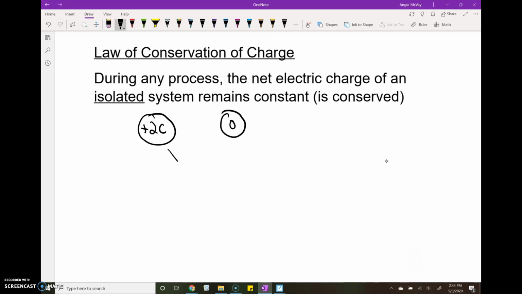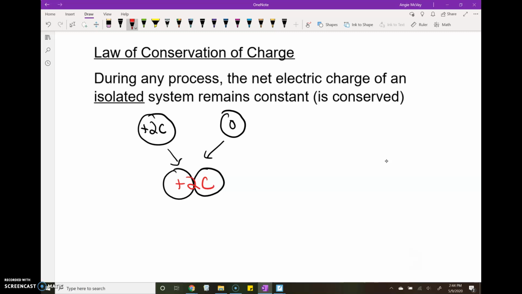So when they come together and they touch, they together will have a net charge that is positive 2 coulombs. Does that make sense? You just combine the two charges to come up with a net charge.